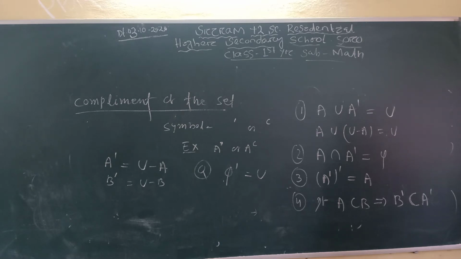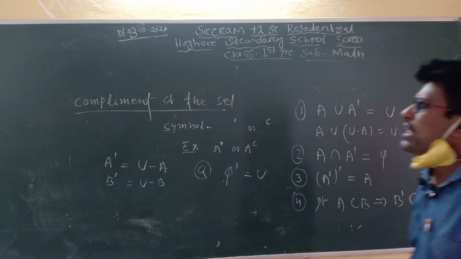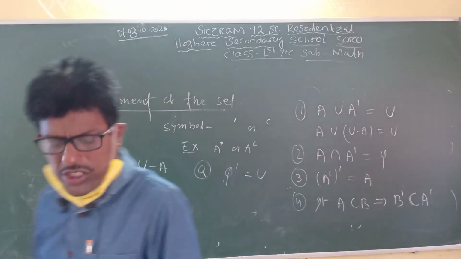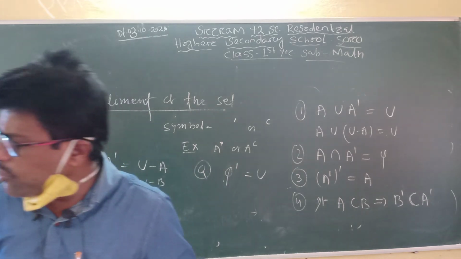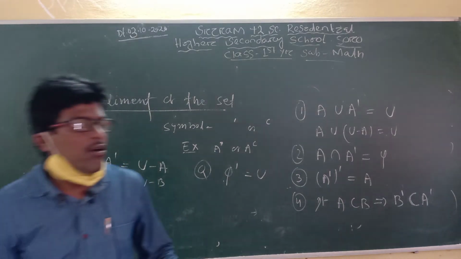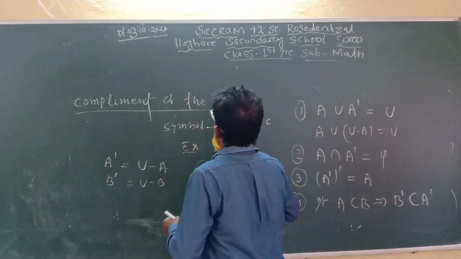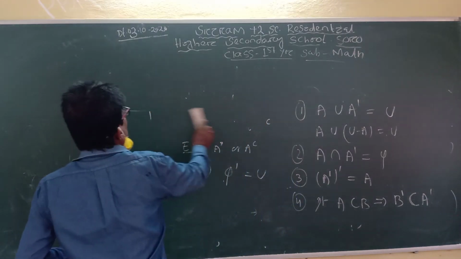Now I am discussing some laws in your books, that is De Morgan's law. I think you already studied De Morgan's law at high school level. Now, at college level, how to prove it? I am giving a separate proof.